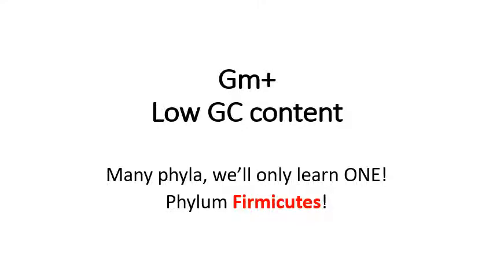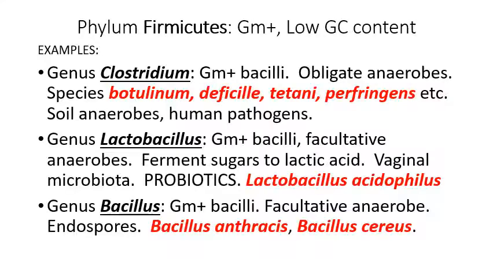All right, let's look briefly at the Firmicutes. The Firmicutes are gram-positive bacteria that have a low GC content. The most famous one that we've talked about so far in this course is the genus Clostridium, which has four members that you need to know about: Clostridium botulinum, Clostridium difficile, Clostridium tetani, and Clostridium perfringens.